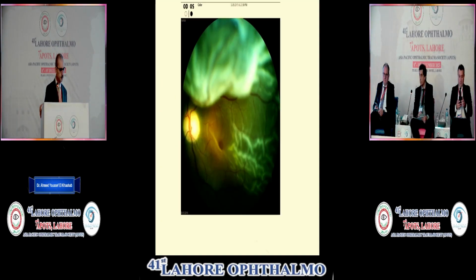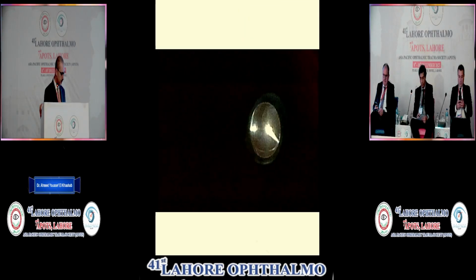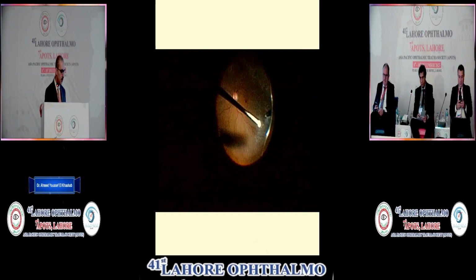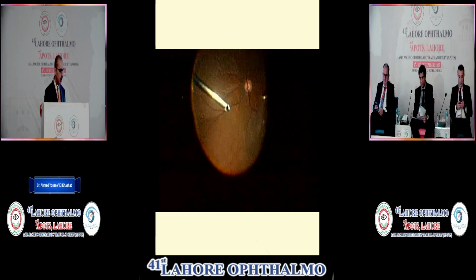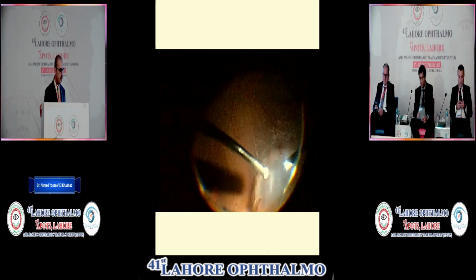Next. This is a patient with retinal detachment with a large macular hole. In this combination, we need to make a large peel of the ILM. I used an ILM flap to cover the hole.